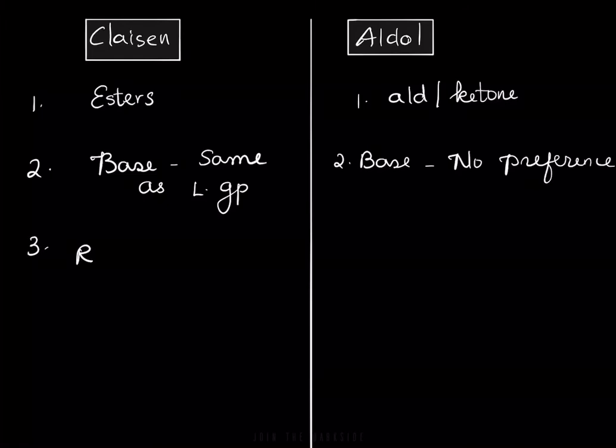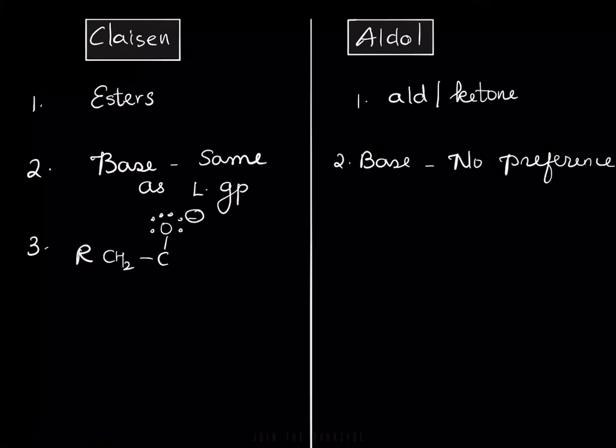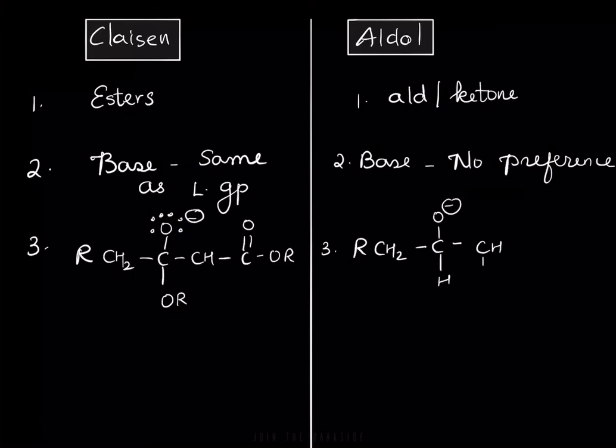And mechanism wise, when you look into the tetrahedral intermediate, after the tetrahedral intermediate is formed, the oxygen is going to have the negative charge on it. So here is the tetrahedral intermediate in Claisen condensation, whereas in aldol condensation, this is the one.